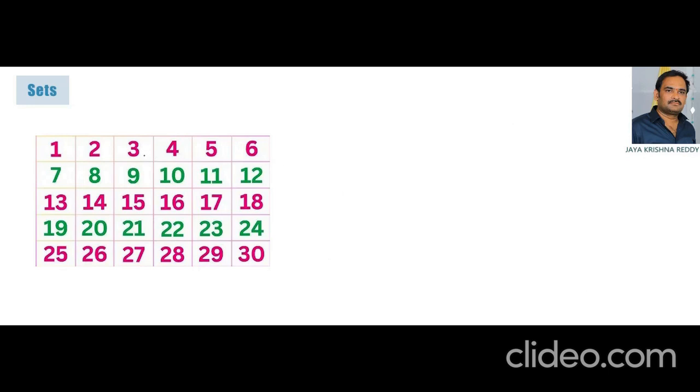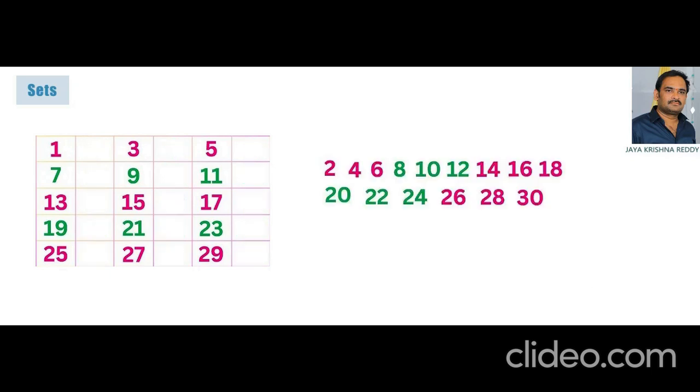Here you can observe the natural numbers from 1 to 30. From these numbers, I am going to separate some numbers like 2, 4, 6, 8, 10, 12, 14, 16, 18, 20, 22, 24, 26, 28, 30. These numbers are collected from the natural numbers 1 to 30.